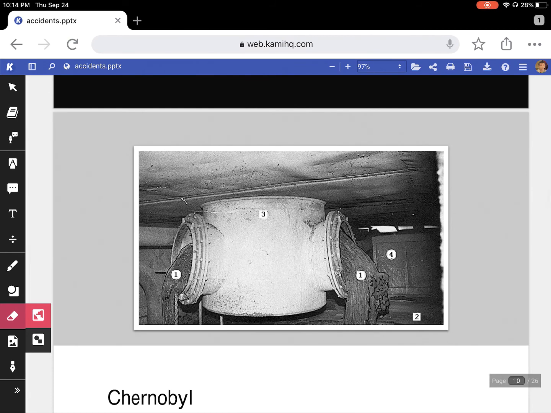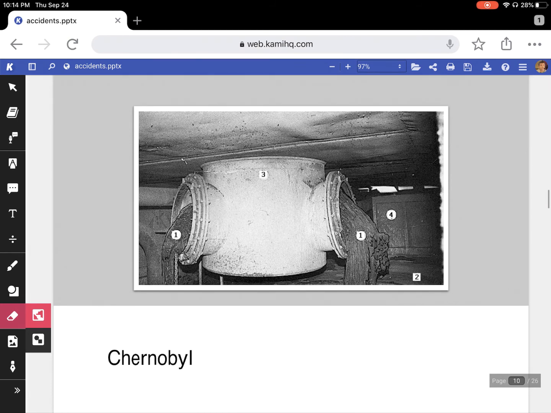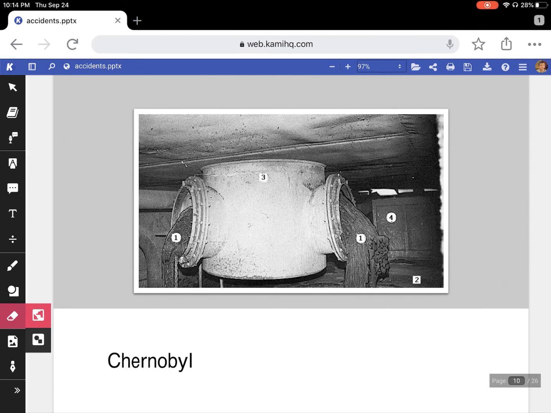The core melted. Some people kind of sacrificed themselves to get in and get pictures to try and figure out where the radioactive fuel had gone. And you can see this ooze coming out that is molten fuel and other parts of the reactor flowing down out of the bottom of the reactor vessel.